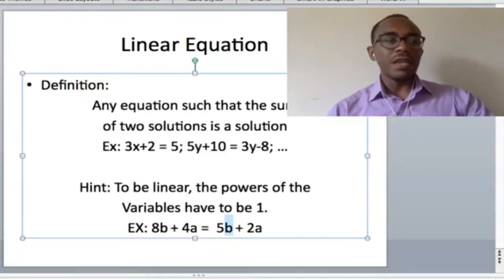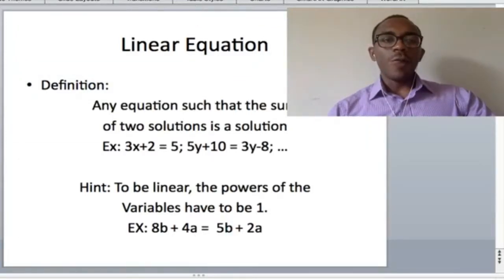The most important thing is the variable, any letter such as A, B, C, D, any symbol or letter, has a power of 1. That means it's a linear equation. I hope so far so good. All right, let's go to the next page.